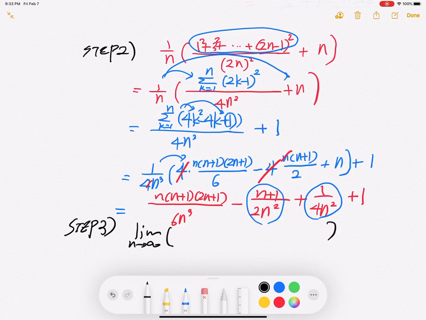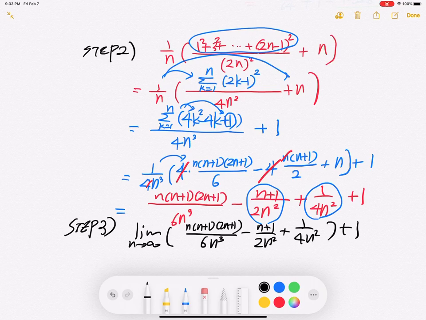First part, n plus 1, 2n plus 1 over 6n cubed. Second part, n plus 1 over 2n squared. The third part, 1 over 4n squared. 1 is just 1. The limit as n approaches infinity of 1 is 1, right? These two parts are 0.